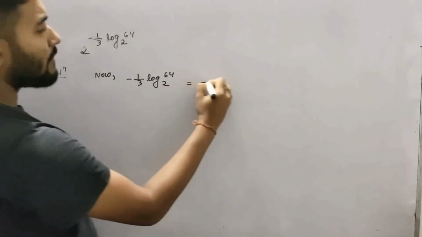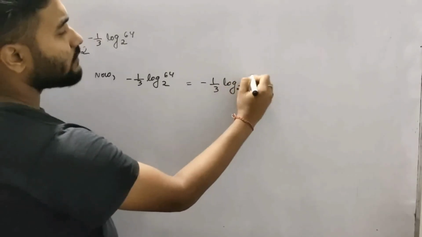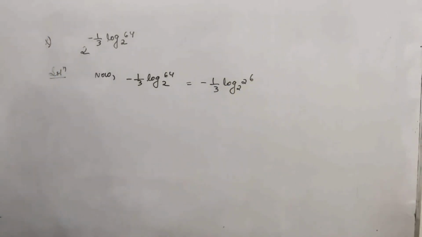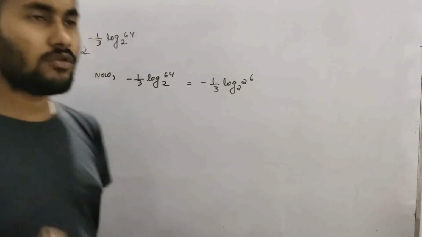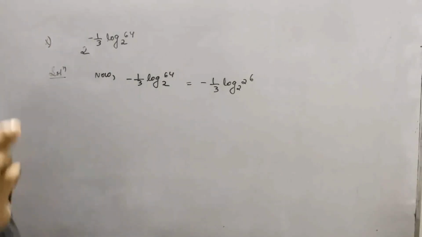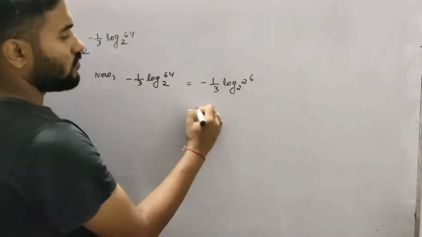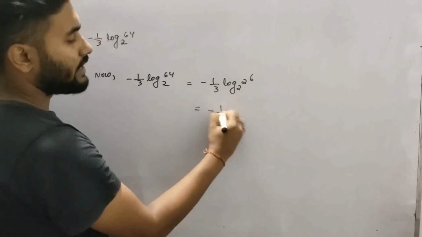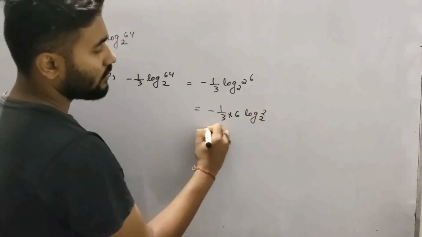So this will be equal to what? Minus 1 by 3 log 64. I can write 64 as what? 2 to the power 6. 2 to the power 4 is 16, 2 to the power 5 is 32, 2 to the power 6 is 64, 2 to the power 7 is 128. Some powers keep in mind, it will help you in the questions. So 6 will come, that is minus 1 by 3 into 6 will be log 2 base 2.